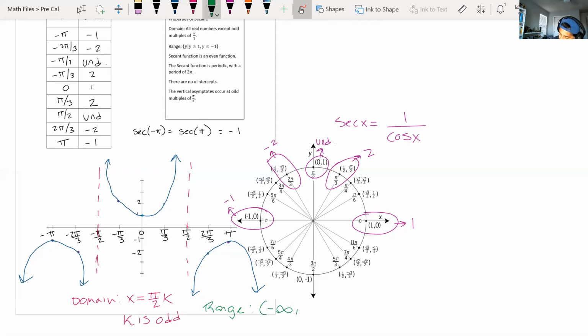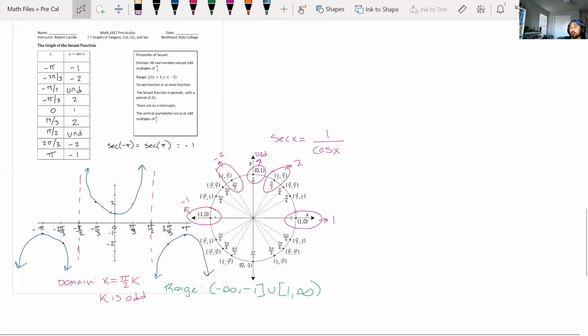You'll start at negative infinity, stop at -1, start at 1, head towards infinity. It's an even function, which means it's symmetric across the y-axis. It repeats itself every 2 pi. There are no x-intercepts, and we have vertical asymptotes at pi over 2. Yeehaw. That is the graph of secant. Any questions on that?